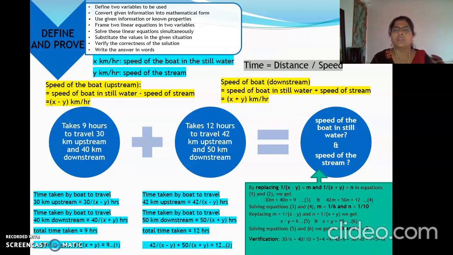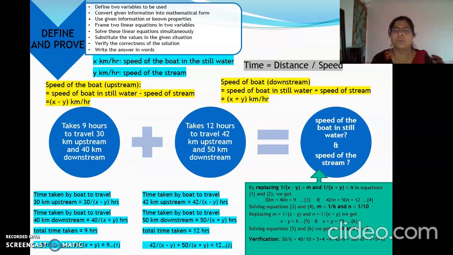Let's do verification. 30 kilometers distance traveled at x minus y speed, that is 6 speed, therefore 30 upon 6 will give us 5, and 40 kilometers at the speed of x plus y, that is 10 kilometers per hour, 40 upon 10 gives us 4 hours.